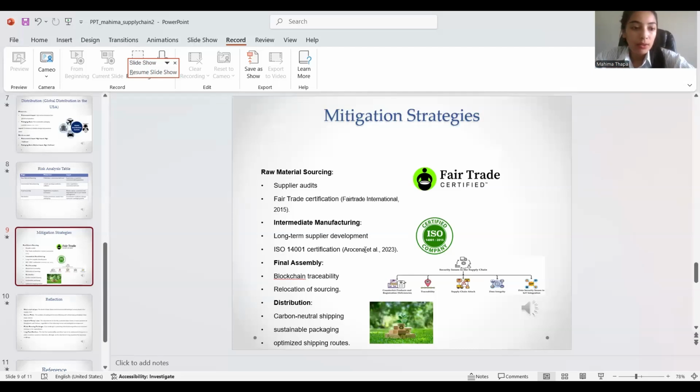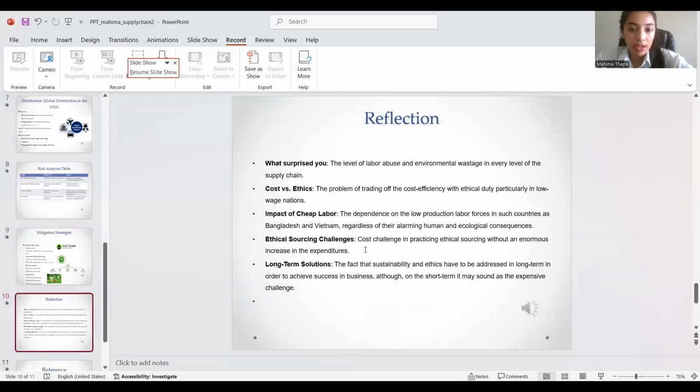So, reflection: what surprised me? What surprised me the most was how deep the risks go. Even beyond direct suppliers, companies often have no idea what's happening two or three levels down, where child labor or illegal dumping might occur.